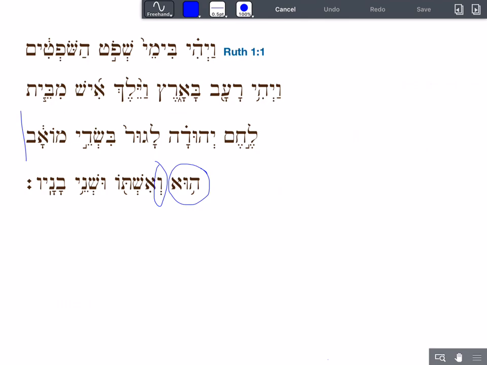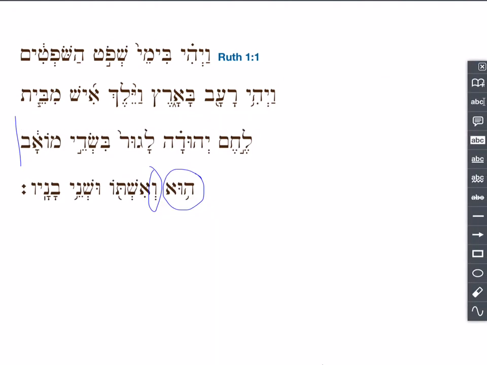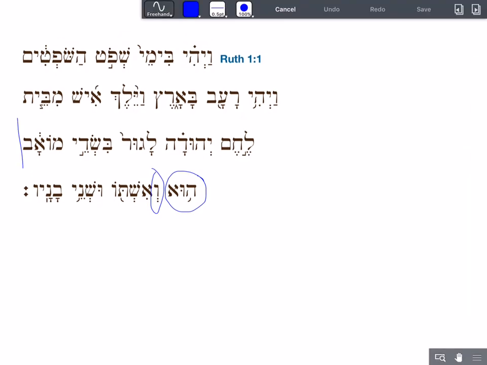And then we also have his 2 sons. Look here. What is that? That is a conjunctive vav as well. This is the only time Hebrew will begin a word with a vowel. The conjunctive vav, when it's added to a word that begins with a vocal schwa, you will get the conjunctive vav pointed like a shureq.